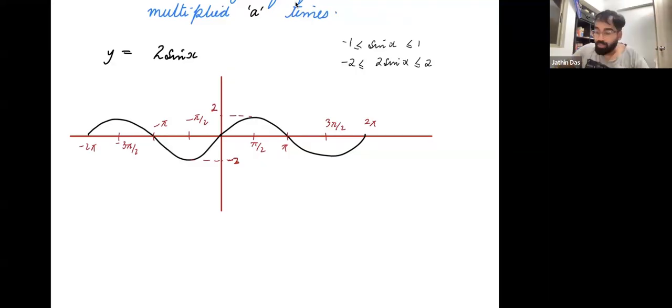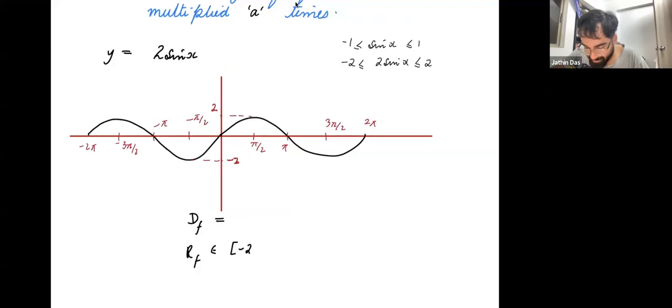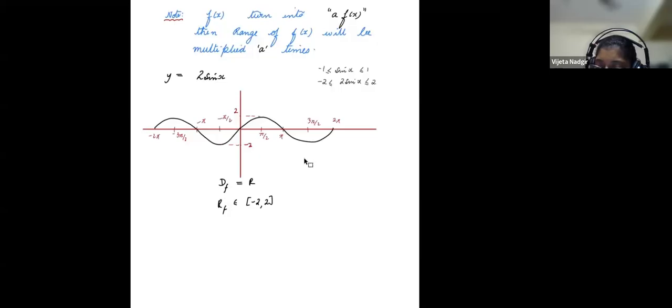Domain is still all real numbers, but the range has changed. So that's the meaning of this. Just take it down: if you already know the range of any function and you multiply it by any constant, then the range will also get multiplied by that constant, both the left limit and the right limit. That note also I have to take down.